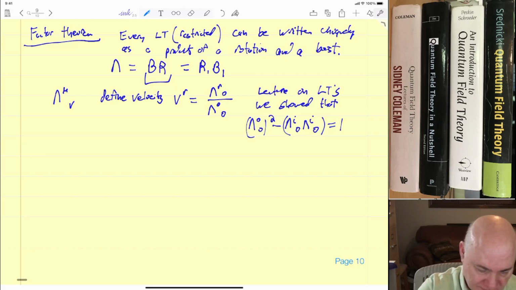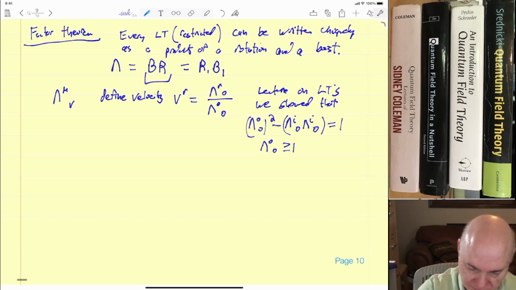Now, if you divide this equation by lambda 0 0 squared, and remember that lambda 0 0 is greater than or equal to 1, because that's what the restricted ones have, we immediately get that 0 is less than or equal to v squared, which is less than 1. So this shows that it's a legitimate velocity. We're not having velocities greater than light here.